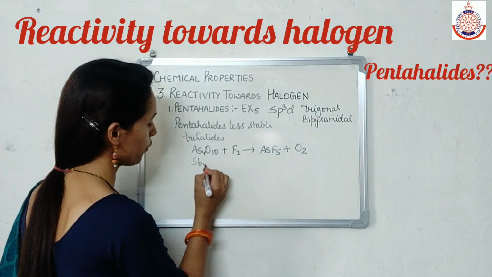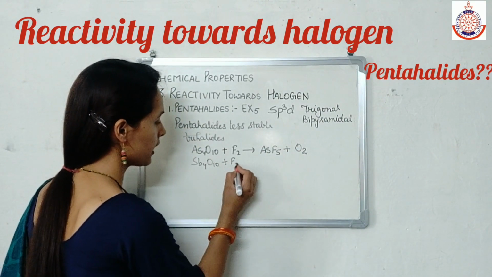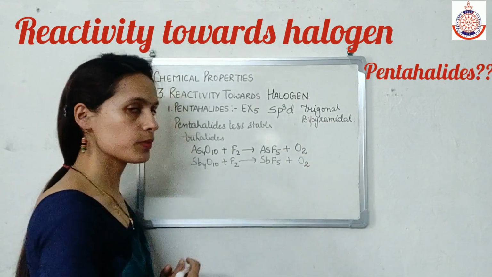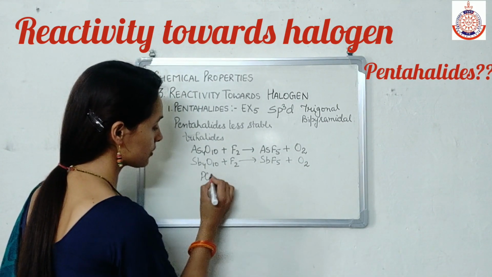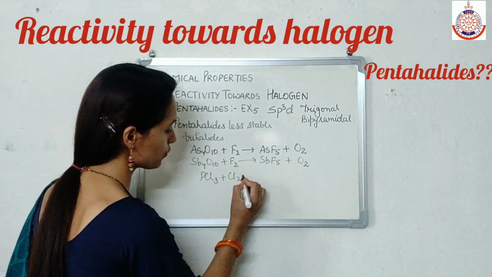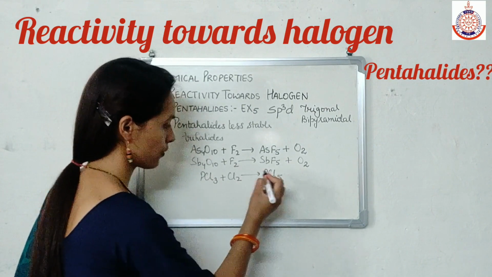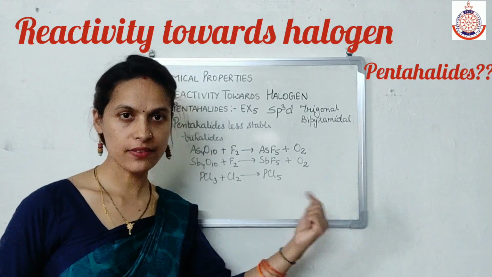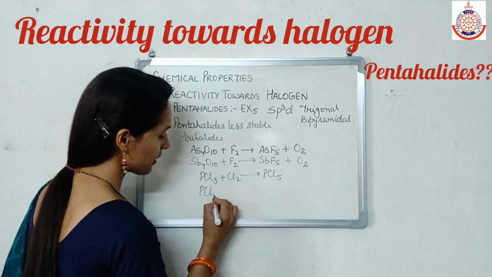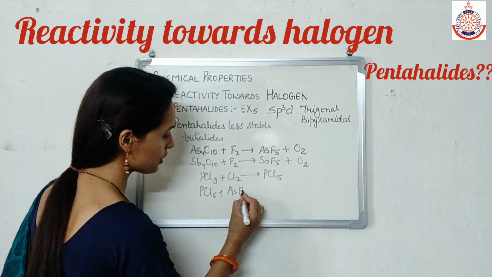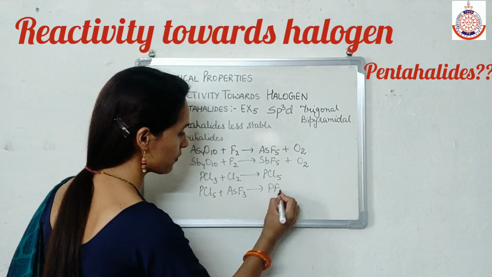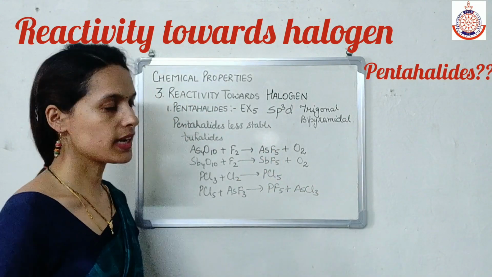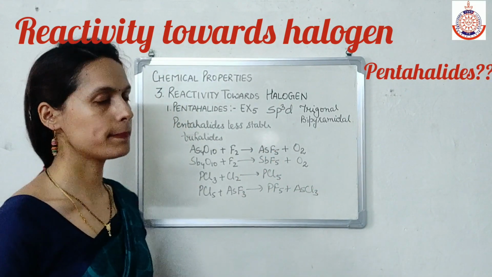Similarly, Sb4O10 on reacting with fluorine gives SbF5 plus O2, and PCl3 reacts with Cl2 to form PCl5. Similarly, PCl5 on reacting with AsF3 gives PF5 plus AsCl3. So in this way we can prepare the pentahalides.